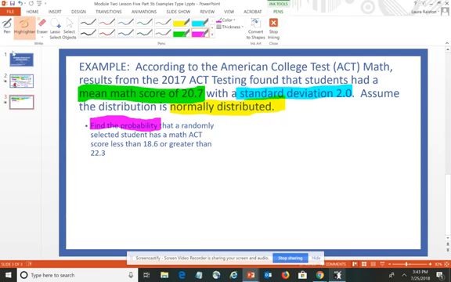Now, this one's a little bit tricky, and it's different from all the others because it says a score less than 18.6 or greater than 22.3. So you really have two options here. If you see it written in symbols, you'll see it written this way.